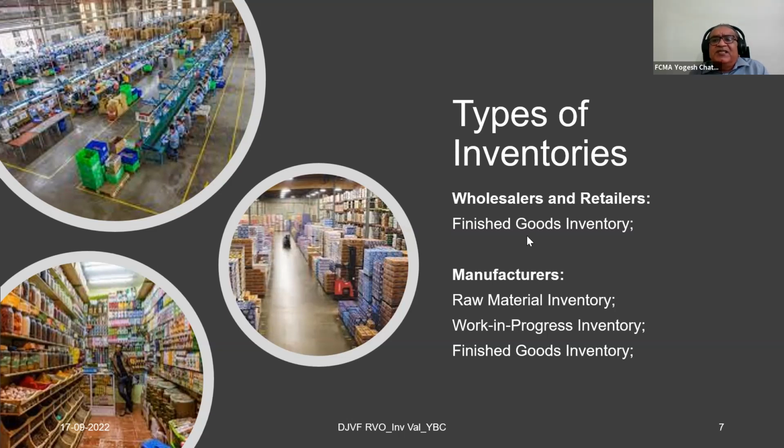So wholesalers and retailers mainly maintain finished goods inventory, and manufacturers maintain three types of inventory: raw material, work in progress, and finished goods.